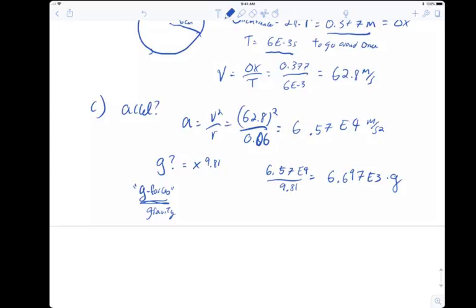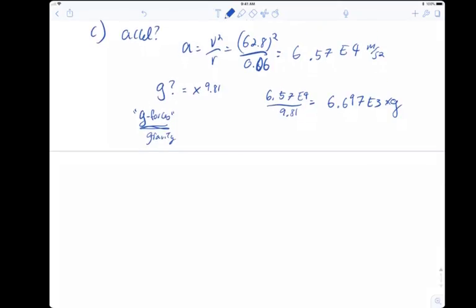So, you might wonder why this is, and it's because it's weird to talk about how much acceleration you feel as a multiple of G. And the reason comes down to your weight.